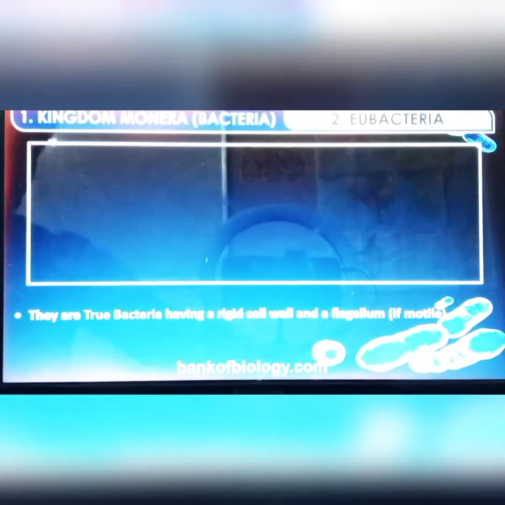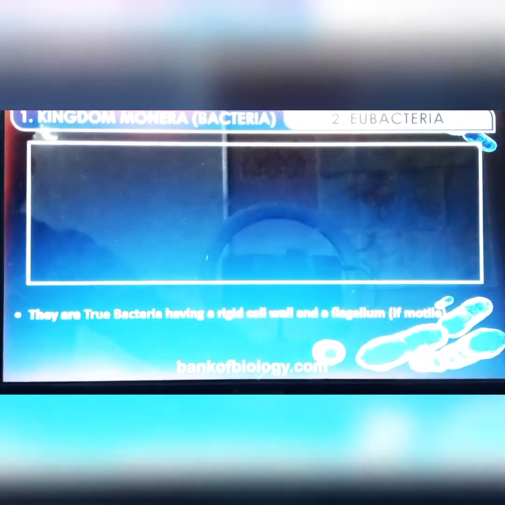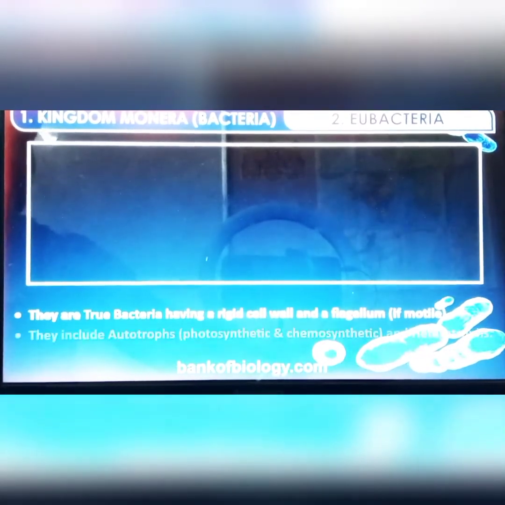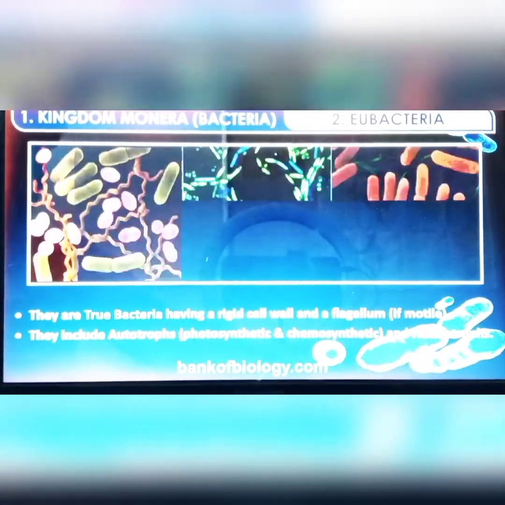Okay, next one is the eubacteria. Eubacteria are also known as the true bacteria because they have a rigid cell wall and flagellum, and this flagellum helps in motility of these bacteria.